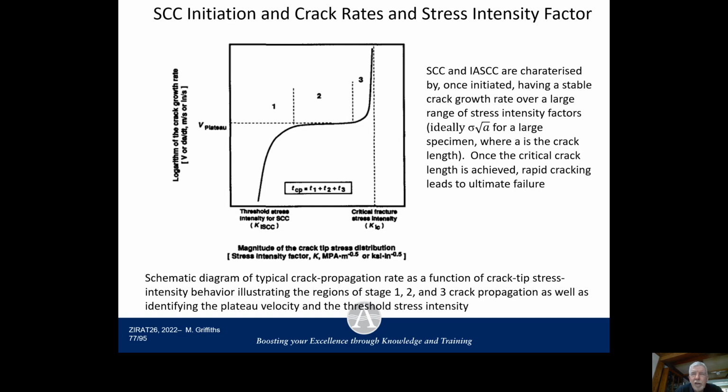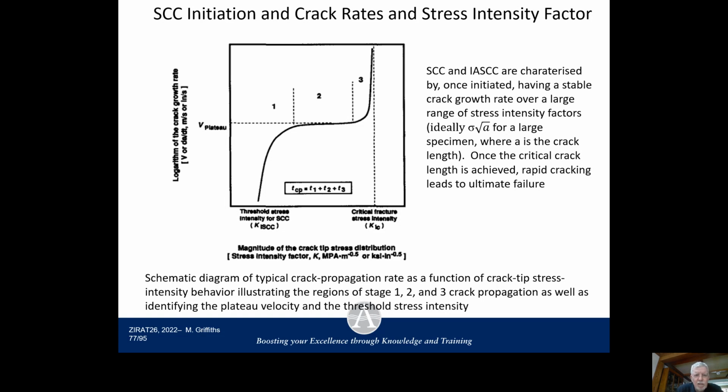So if you have a flaw, a crack, or even a free surface or anything, in order to create the crack, there's a certain stress intensity for a given applied stress at which you will get into the mode of stress corrosion cracking, where you get this more or less constant crack rate as the crack advances. And eventually, when the crack gets to a very high value, the critical crack length is exceeded and the material fails.